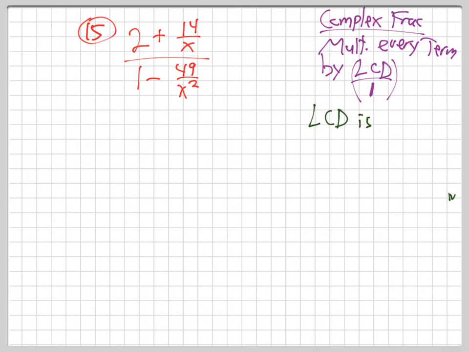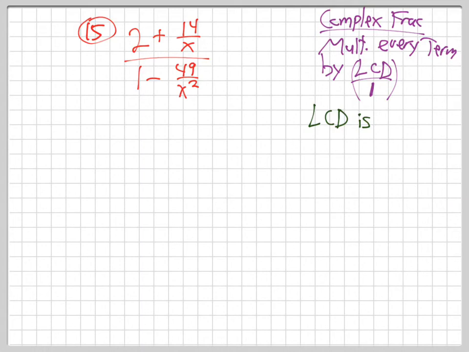LCD stands for least common denominator. I'm trying to say it in the simplest way without being technically incorrect.